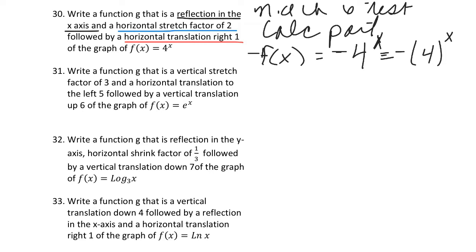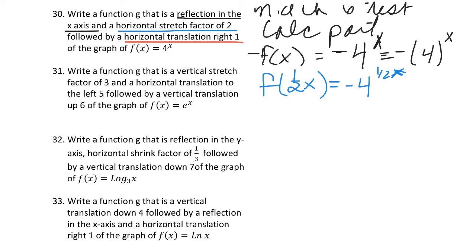The next is a horizontal stretch factor of 2, that's f of 1/2 x. As a horizontal stretch, reciprocal is what goes into the equation, 1/2, and that is negative 4 to the 1/2 x. So we replace the x with 1/2 x.